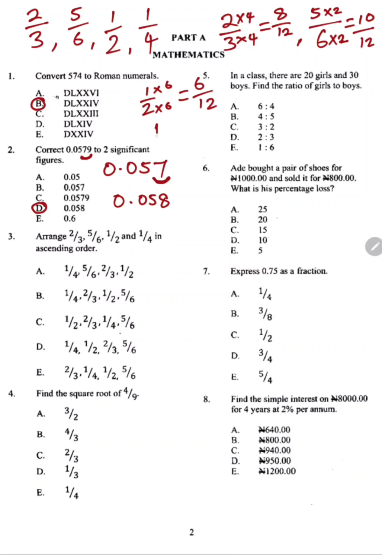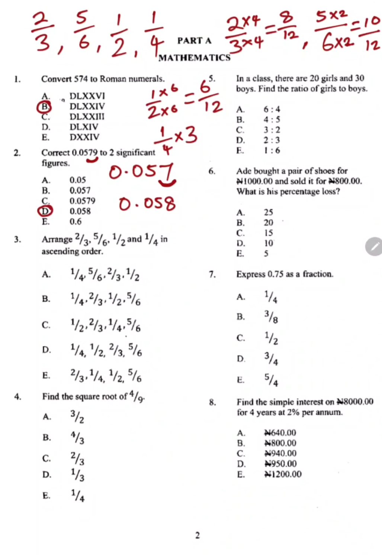So I'm going to have 1 over 4 times 2 will give me 2 over 8. Remember, they said ascending order, so it's going to be from the smallest to the greatest. So now I have to check the denominators. Oh, sorry. This is multiplied by 3. Oh my. I've got to redo this. So I'm going to have multiplied by 3.